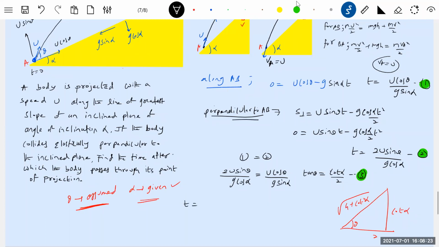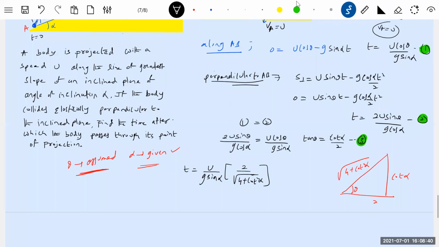Now I'm going to replace that in the time. T is equal to U by g sin alpha. So cos theta I can write as 2 by root of 4 plus cot square alpha. So this is finally 2U by, cot square alpha, cos square alpha by sin square alpha, we can write it.